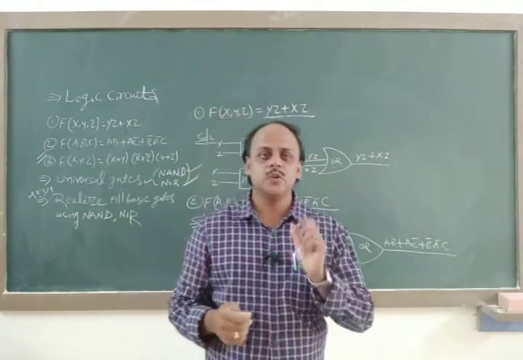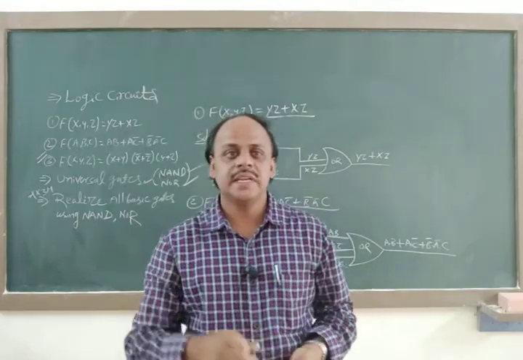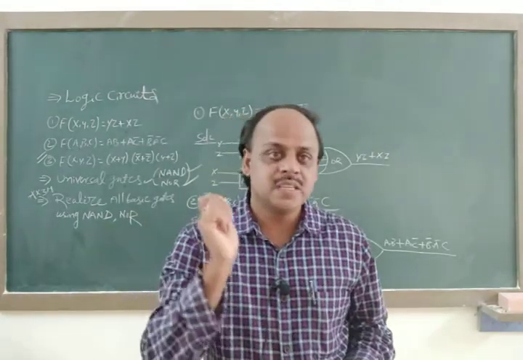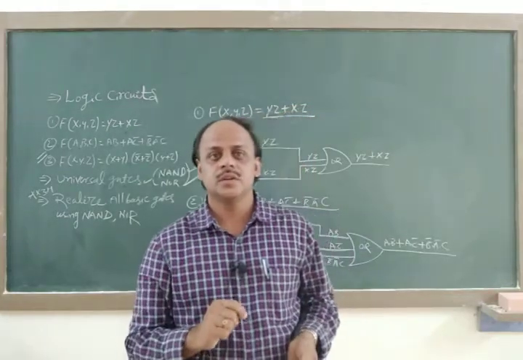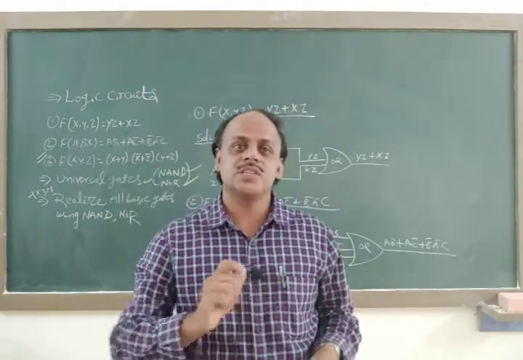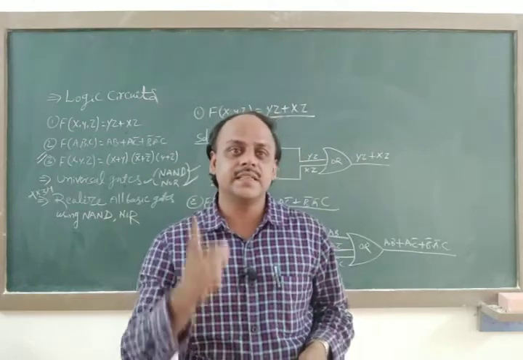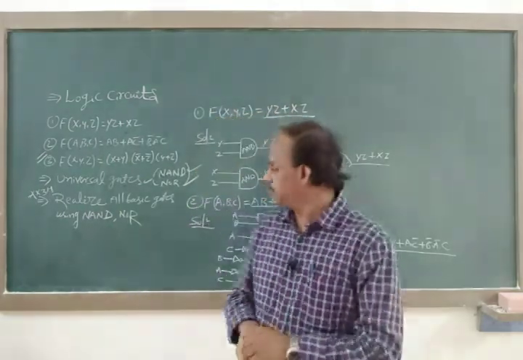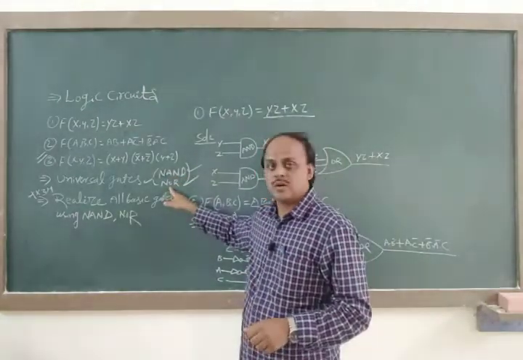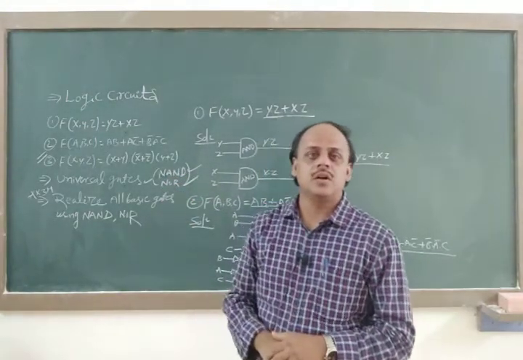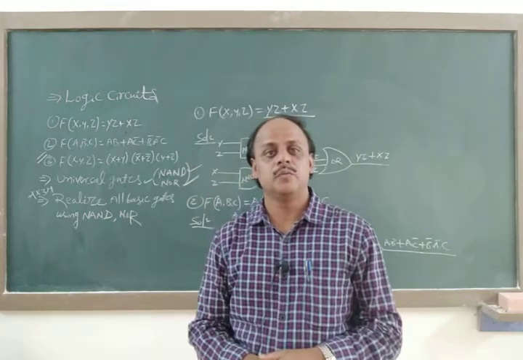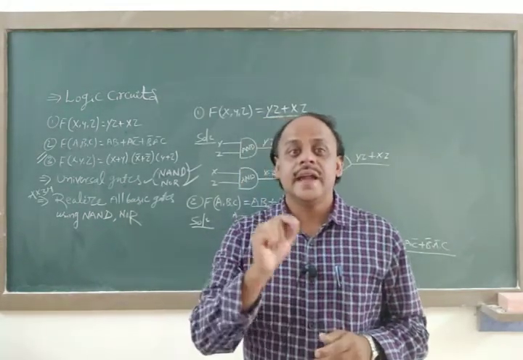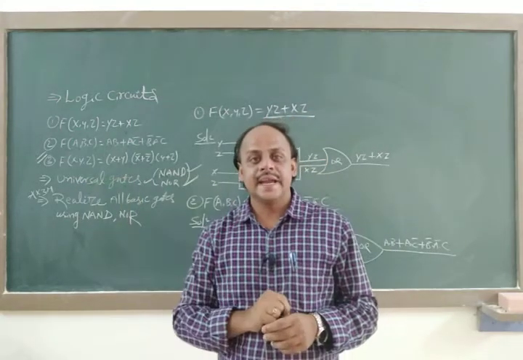So, what is meant by universal gate? A universal gate is one with which it is possible to construct all the gates. Example for universal gate means NAND and NOR. In the exam, he is going to ask why NAND and NOR are called universal gates.